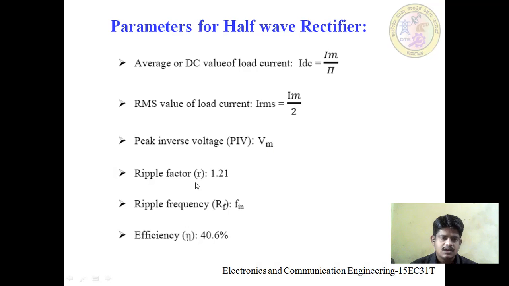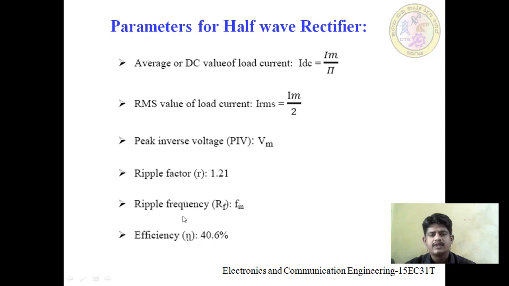Then comes the ripple factor. It shows the amount of ripples present in the output of the rectifier, and the value of the ripple factor for a half wave is 1.21. You can see we have more ripples in the half wave rectifier. Then comes ripple frequency.